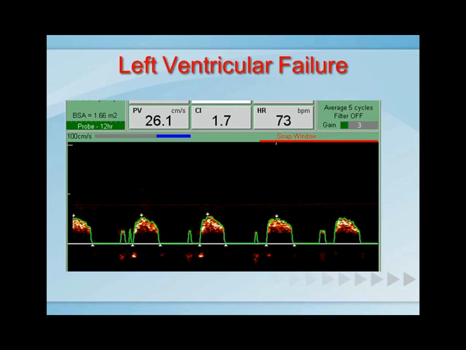Flow time corrected went up to around 400 milliseconds. The shape of the wave also shows left ventricular failure. It has a flattened wave indicating less contractility. This is the same type of picture you may get with left ventricular dysfunction, a reduced height due to reduction of the contractility of the heart muscle.